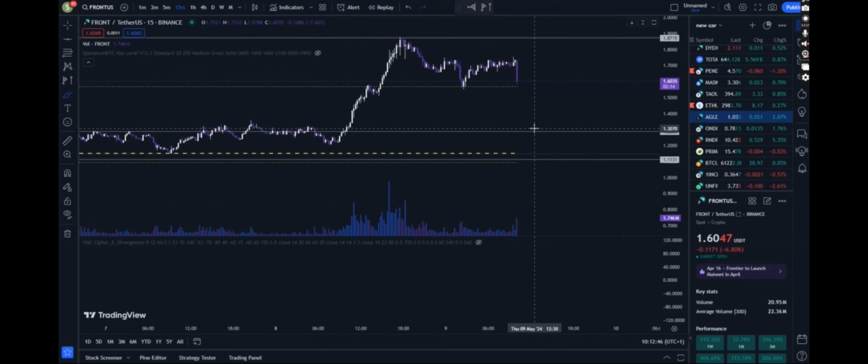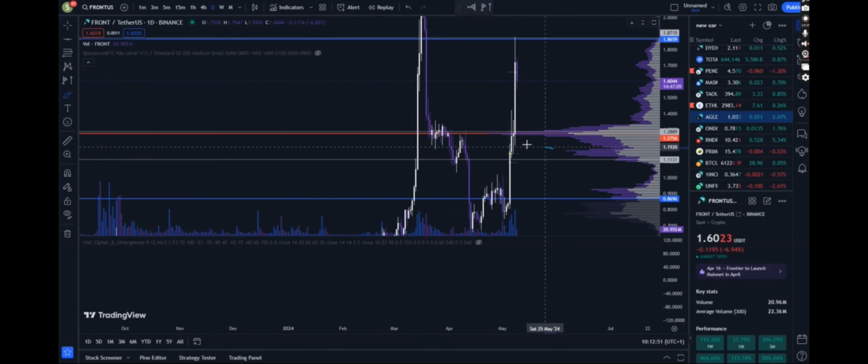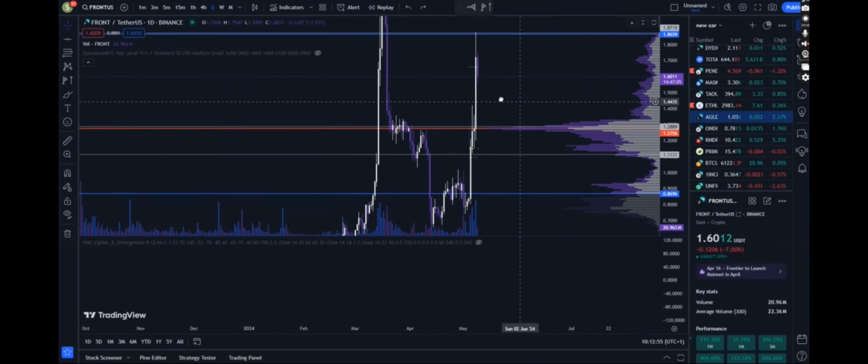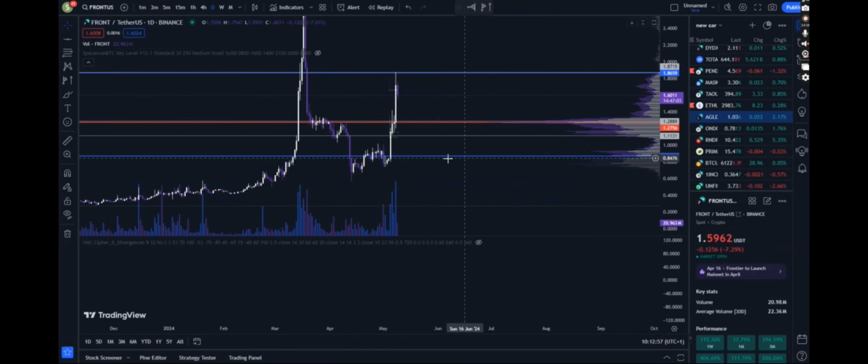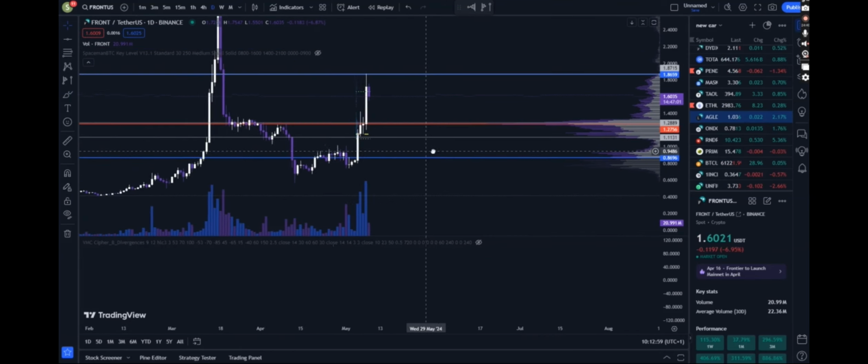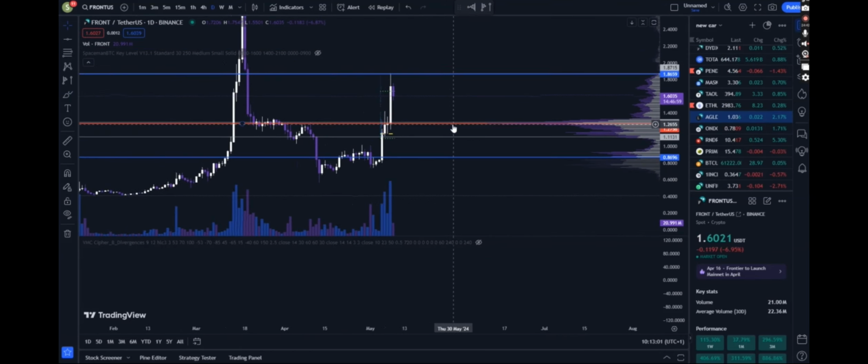I want to see it fall below this area. Even if we go to the daily, I've got a volume profile already set on the daily. And the main area is at $1.2. The main area at the minute.